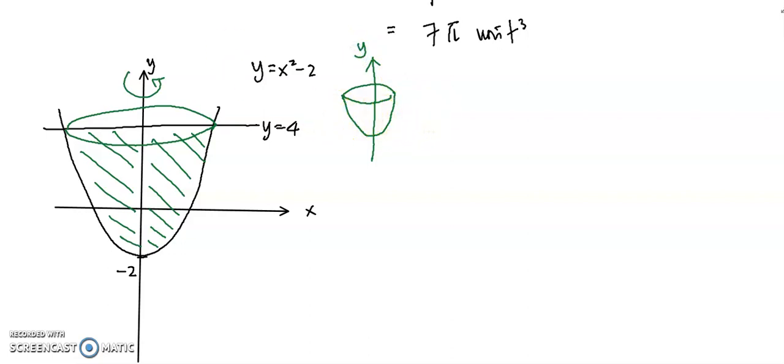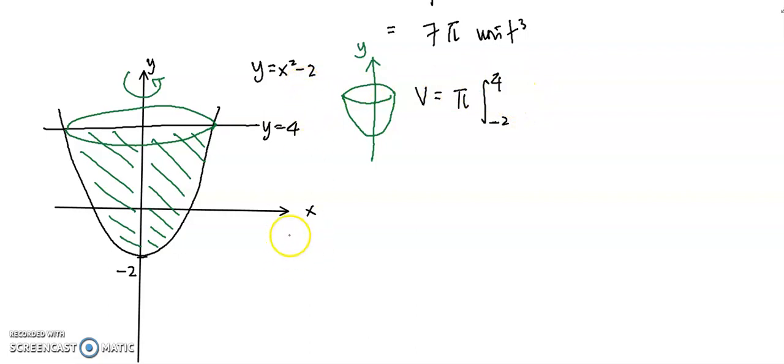Now we're going to get the volume of the solid. Again, this volume is generated by rotating about the y-axis, so we need to integrate with respect to y. The limits we also need to take from the y-axis, that will be from -2 to 4. And the function, we need to put in x squared.